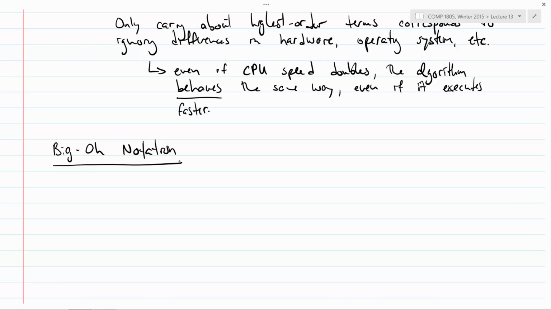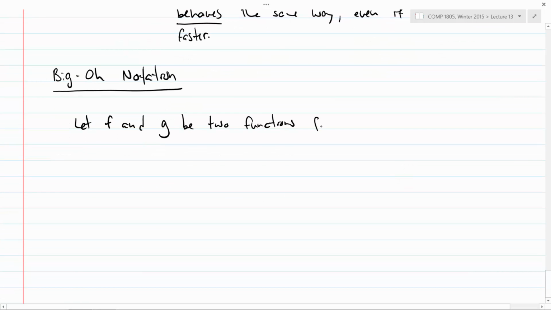But what I'm about to say works perfectly fine for any functions. So let f and g be two functions. And usually we say it's either from the integers to the reals, or sometimes it's from the reals to the reals. Doesn't really matter for our purposes.